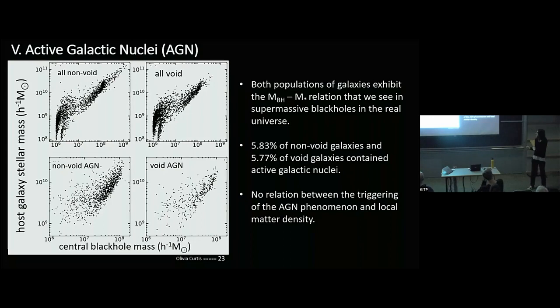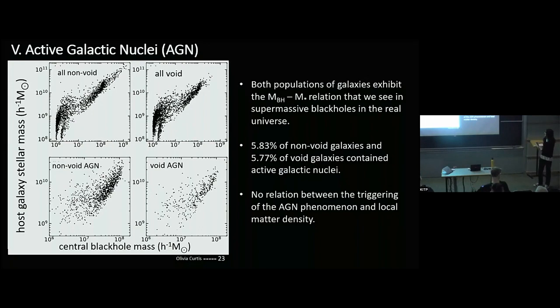We see similar slopes of these power laws between our non-void and void galaxy population, suggesting that the supermassive black holes at the center of these galaxies accrete mass in similar fashions over the course of cosmic time.